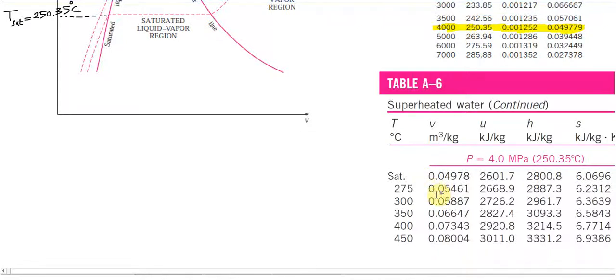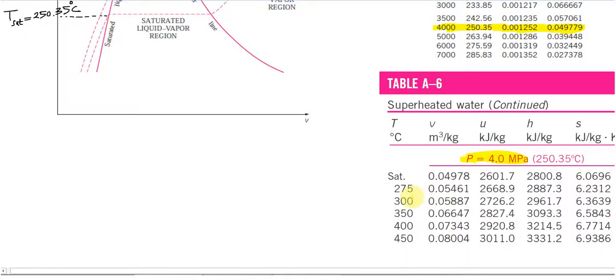For superheated water, when pressure is 4 megapascal or 4,000 kilopascal, temperatures are listed and the specific volume of each one is given to me.